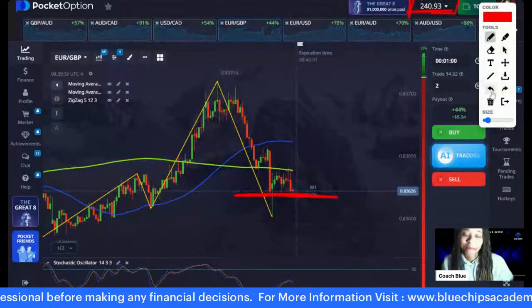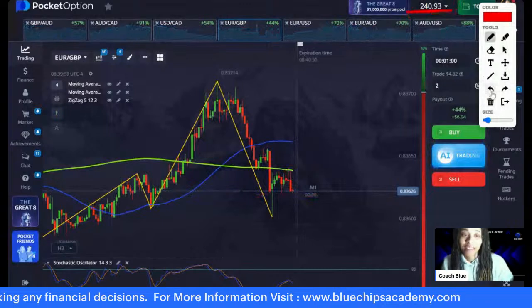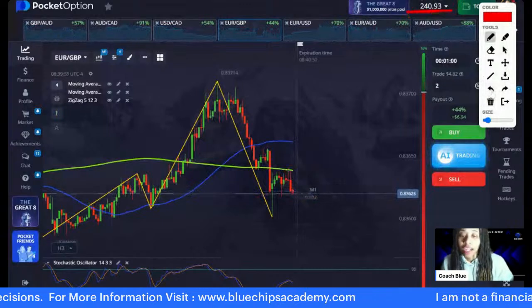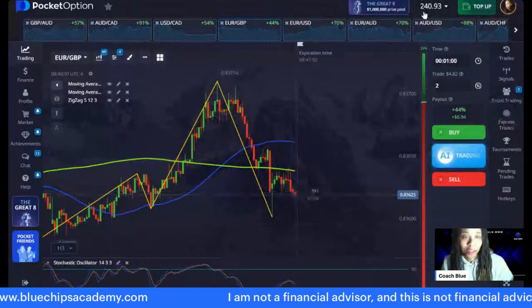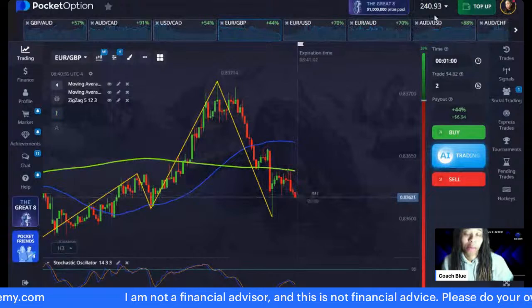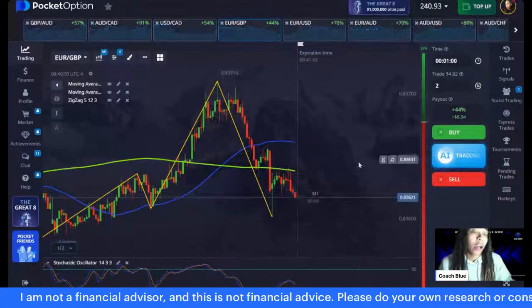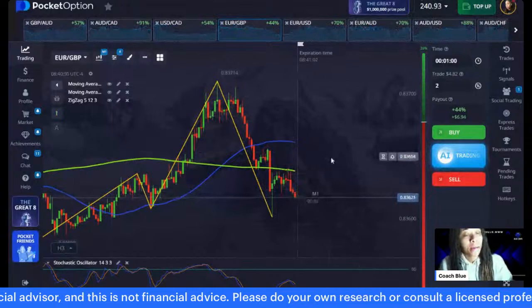Okay, but that's the basis of it, guys. So great session. Even on a day where we lost 2 and won 1, we still came out profitable. And that's the power of the scaling process.